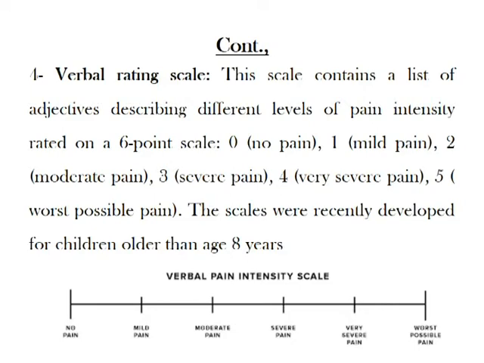This scale contains a list of adjectives describing different levels of pain intensity, rated on a 6-point scale: 0 no pain, 1 mild pain, 2 moderate pain, 3 severe pain, 4 very severe pain, 5 worst possible pain. The scales were recently developed for children older than age 8 years.